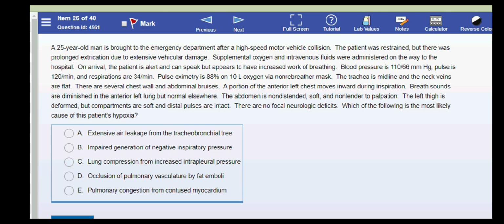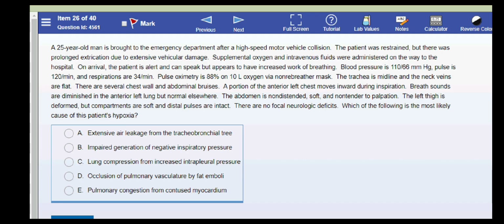Supplemental oxygen and intravenous fluids were administered on the way to the hospital. On arrival, the patient is alert, can speak, but appears to have increased work of breathing. Blood pressure is a little bit low, but okay until now. Pulse high, respiration high. Pulse oximeter low despite 10 liters of oxygen with mask.